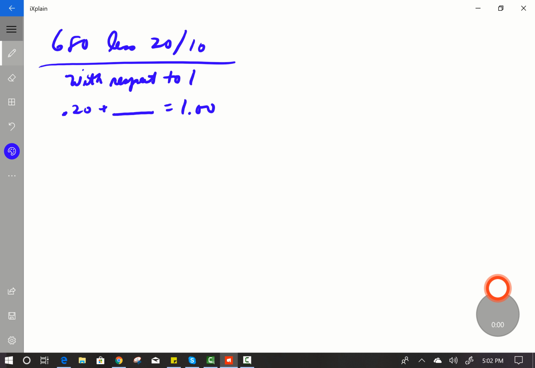The difference between 20 hundredths and 1 is 80 hundredths. Okay, so there's your answer right there. Now, 10% written as a decimal is 0.10, plus some value is equal to 1 once again, and that would be 0.9.